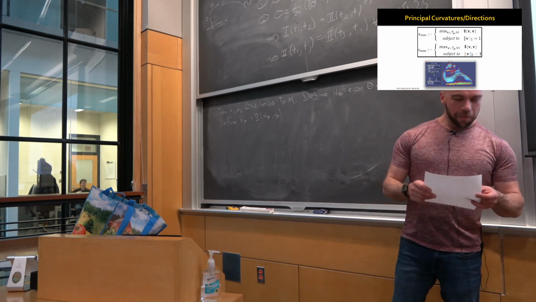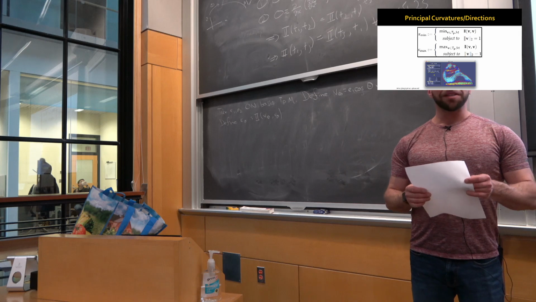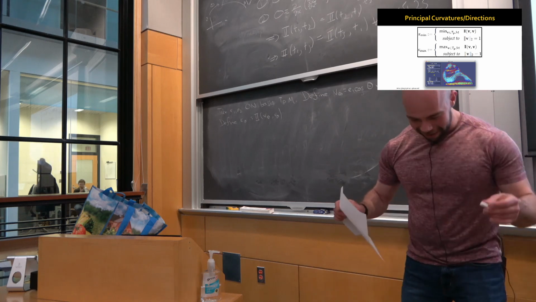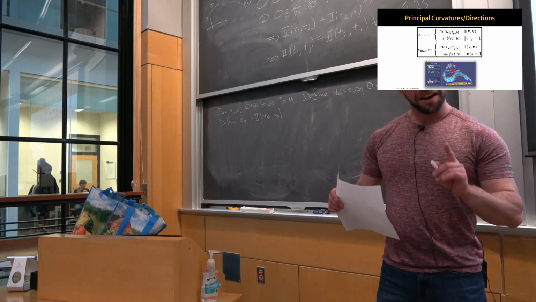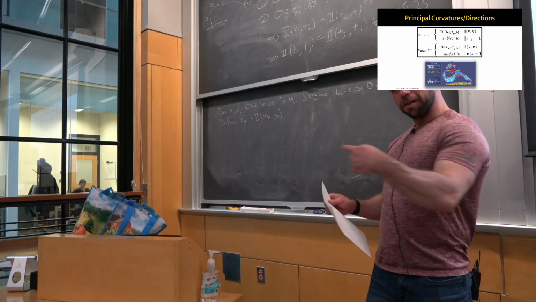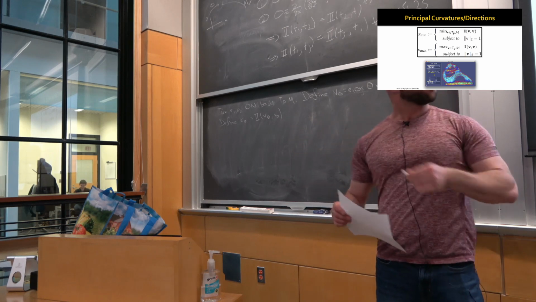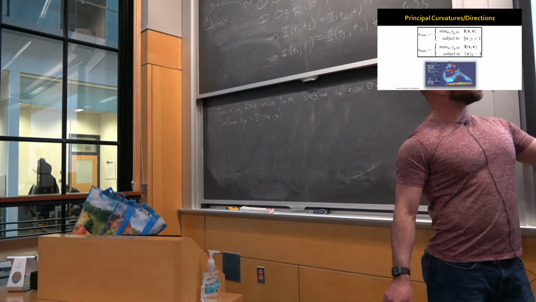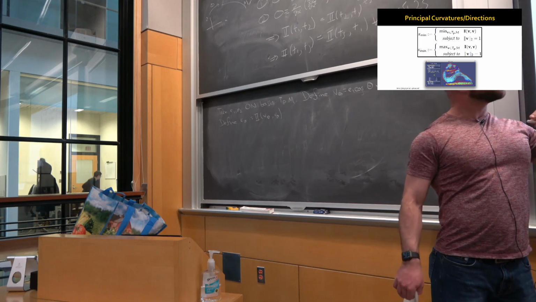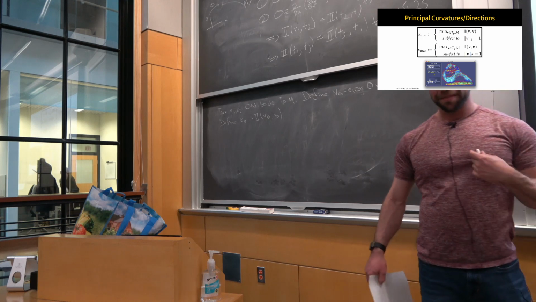Okay, so when I do that, I can ask a totally reasonable optimization question: in what direction is curvature the biggest and in what direction is it the smallest? Think about standing right at the corner of a cliff. Obviously, as I walk in the cliff direction, the curvature is quite large. As I walk along the cliff, curvature is 0. So we're going to give those directions names. We'll call the curvatures kappa min and kappa max, and the directions they live in are v min and v max, or something like that. That makes sense?